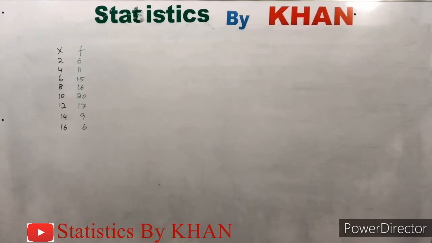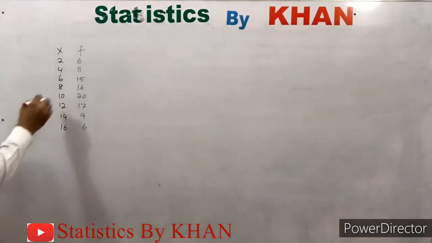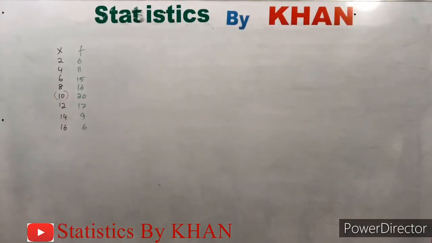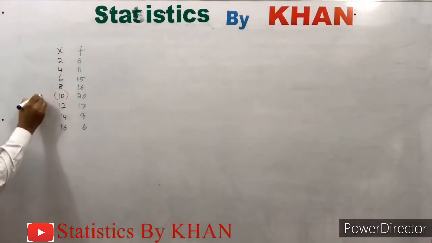So in discrete data, we will take the provisional mean. As we discussed in the continuous data example, usually we take the value of x that has maximum frequency. In this data set, this 10 has the maximum frequency, 20. So we take such a value of x as the provisional mean. This will be the provisional mean or arbitrary mean, which I will denote by A.